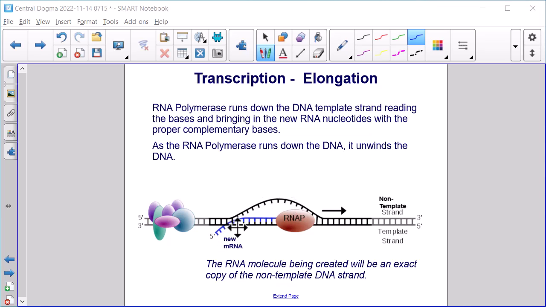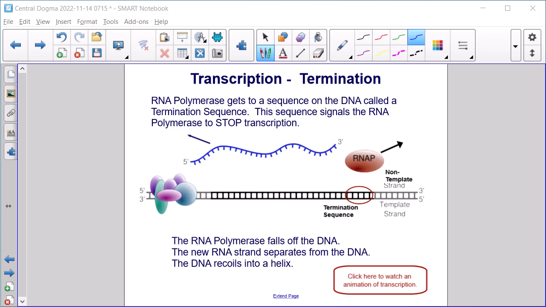As the RNA polymerase runs down the DNA, it unwinds the DNA. The RNA molecule that's being created in blue here will be an exact copy of the non-template DNA strand, this one up here. Of course, with uracil being replaced for thymine.